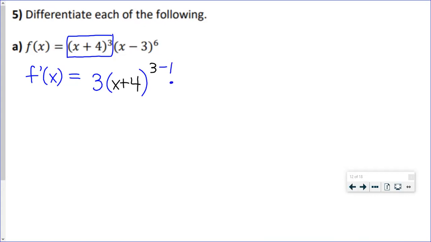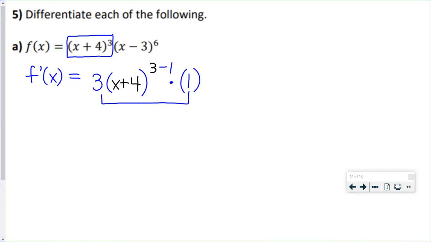I have to multiply that by the derivative of the inside of the function. The derivative of x plus 4 is going to be 1. So this is using the chain rule to figure out what the derivative of my first function is.